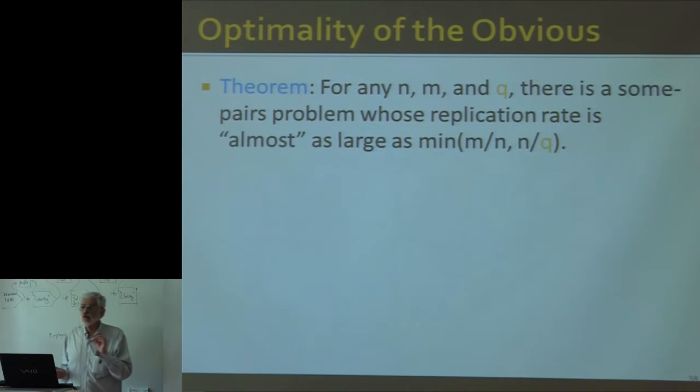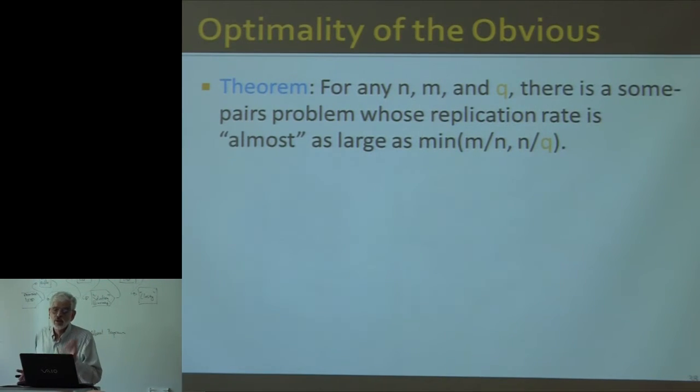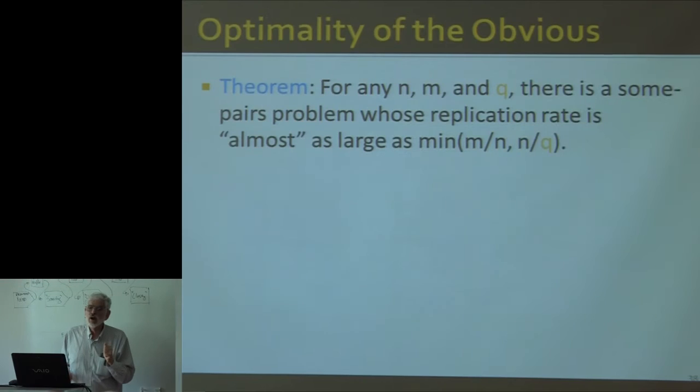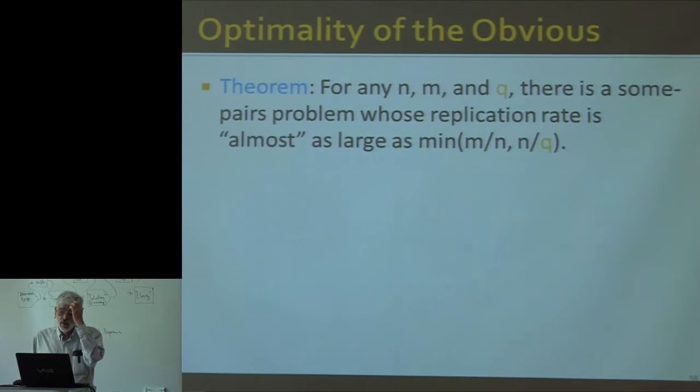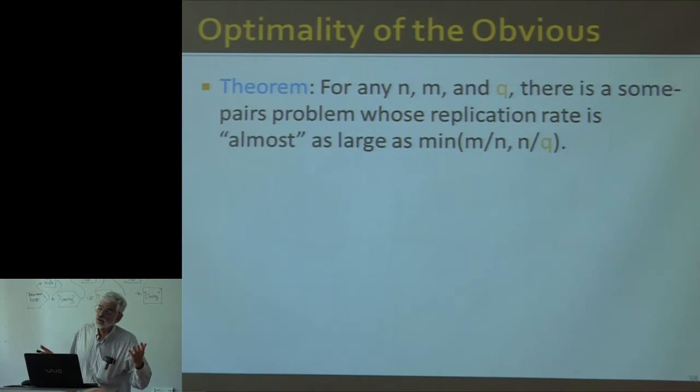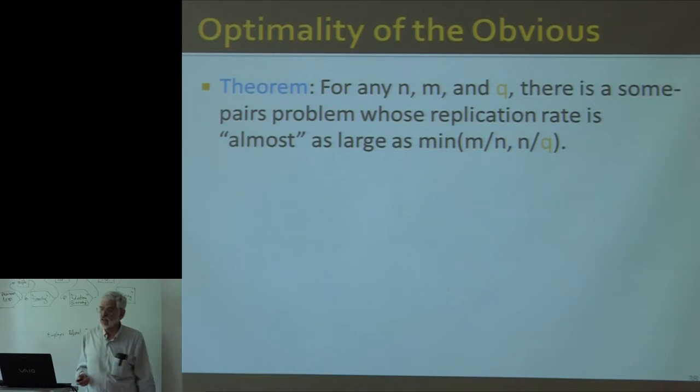Because for any values of n, m, and q, you can find a particular instance of a sum pairs problem where the replication rate that's required is close to the smaller of m over n and n over q. Those are the replication rates for the two obvious algorithms I just told you about.